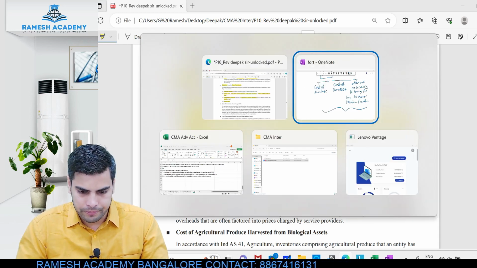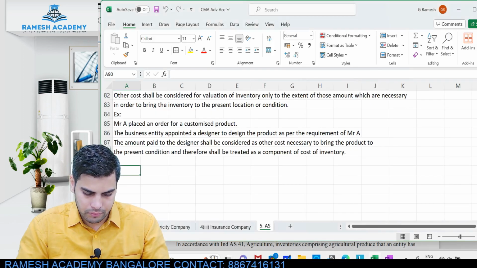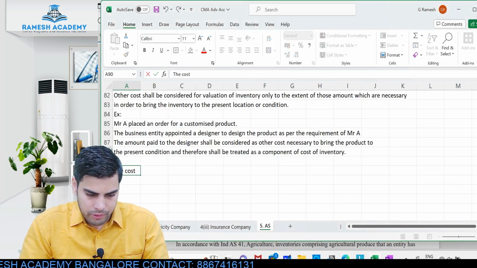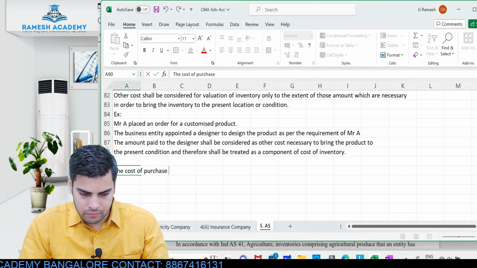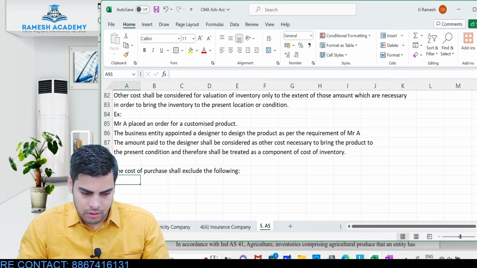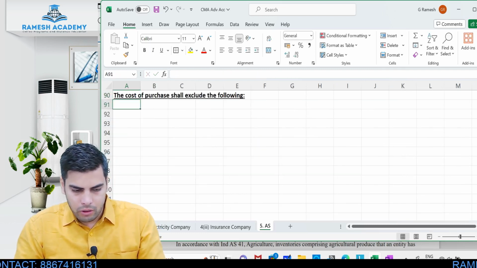So the cost of purchase shall exclude the following. What all things will be excluded?